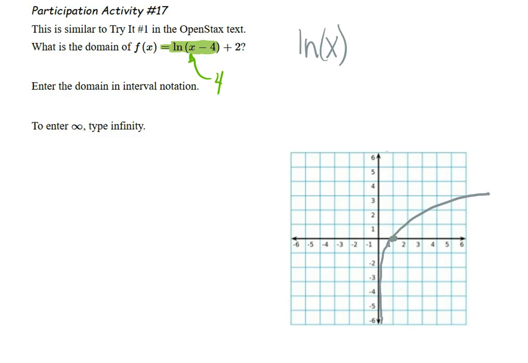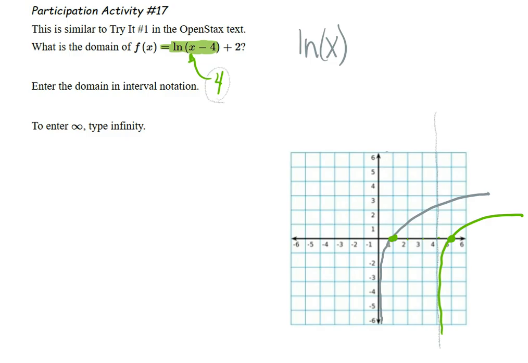So using this point as my guiding point, this whole graph is going to go 1, 2, 3, 4 places to the right, which means instead of my vertical asymptote being the y-axis, the 4 is now your vertical asymptote here, and my graph is going to run along that and then curve and go like this.